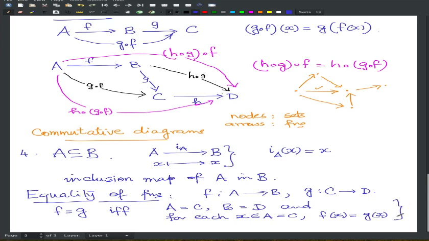This exactly falls out from the fact that they must be equal as sets.